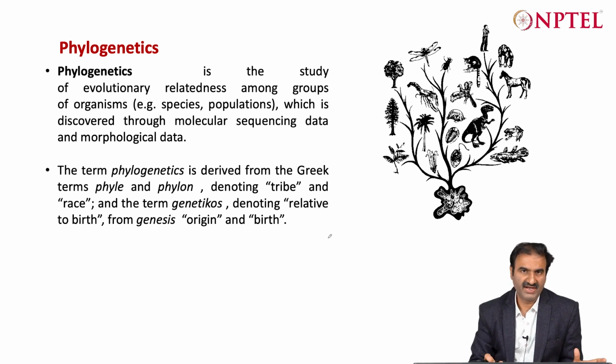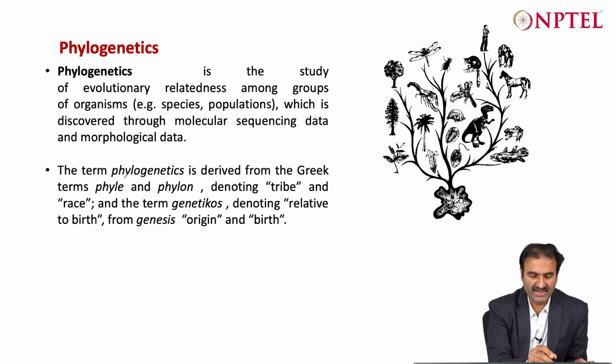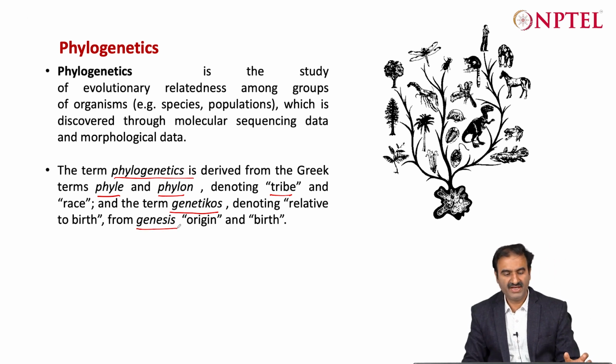The origin of the word phylogenetics is from two words: phylon, which refers to a tribe, and genetikos, which means origin or genesis. So basically the genesis of a phylum or a group, or a tribe.